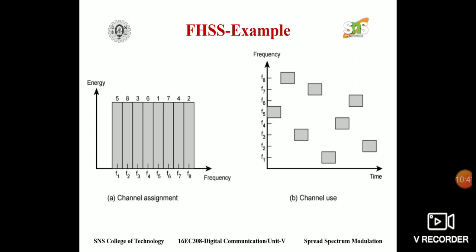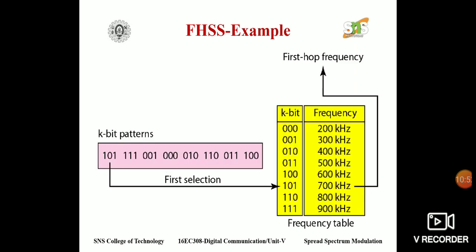In each time period, the carrier signal rapidly changes, that is hopping. This is clearly represented here, and this is also an example of FHSS. Here the bit patterns 101, 111, 001, 000 will be hopped in the frequency hopping technique as we discussed in the previous slides.